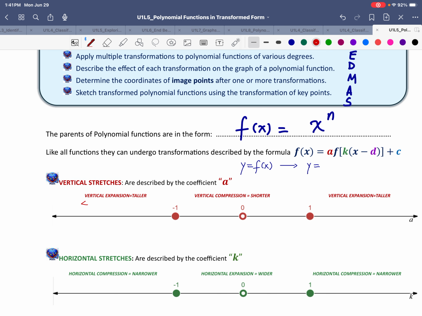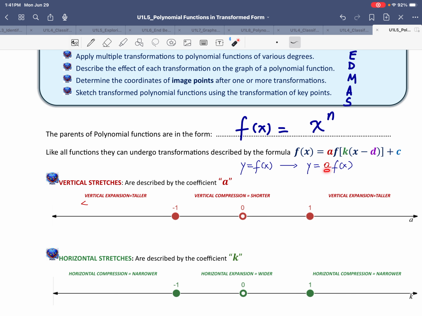Now remember that f(x) is just another name for y. So what that means is that for the same input value of x, we're going to have different values of y, a value of y that has been multiplied by a number.